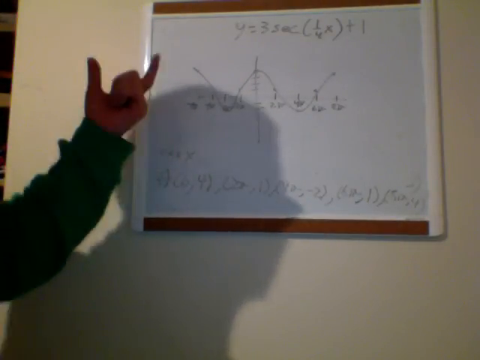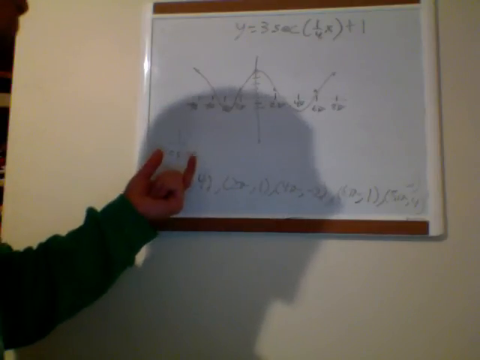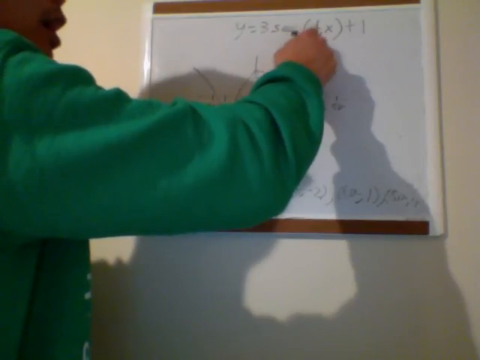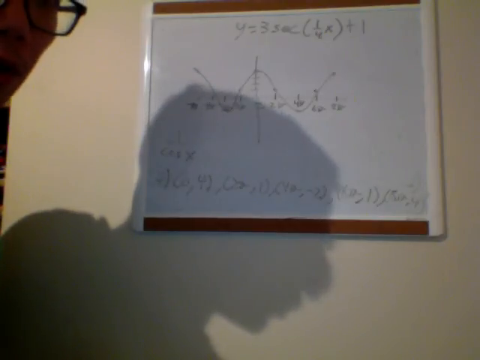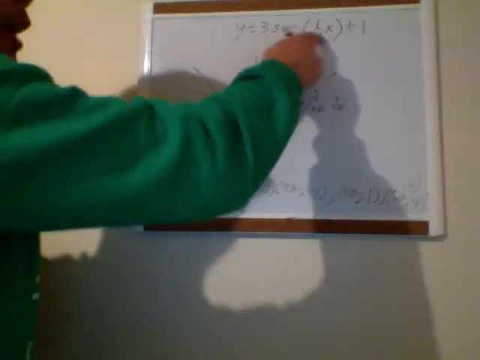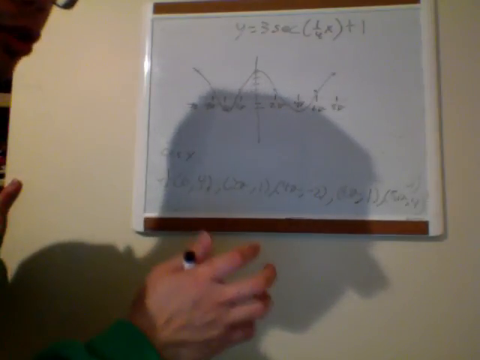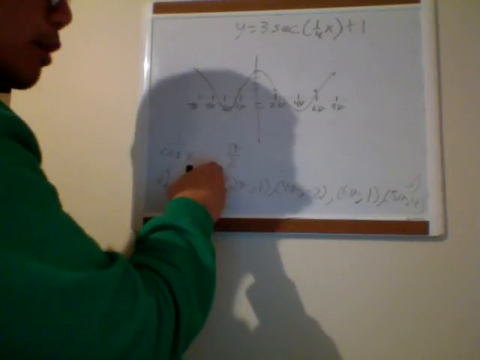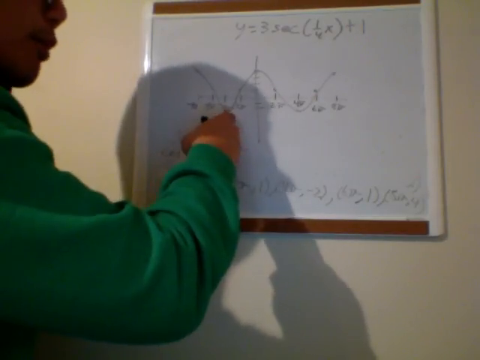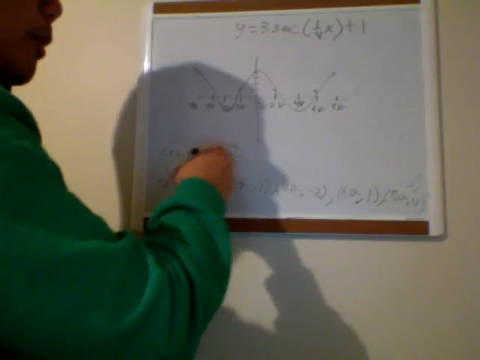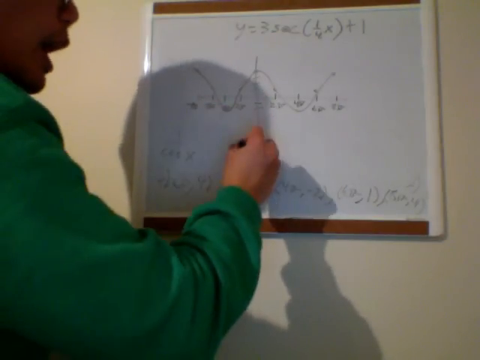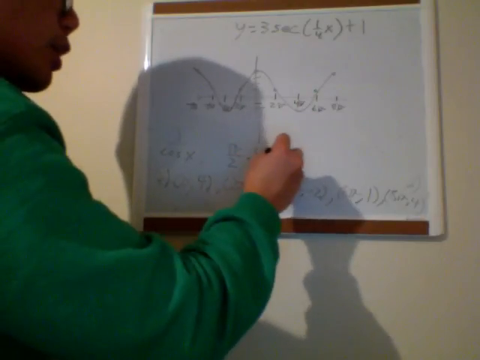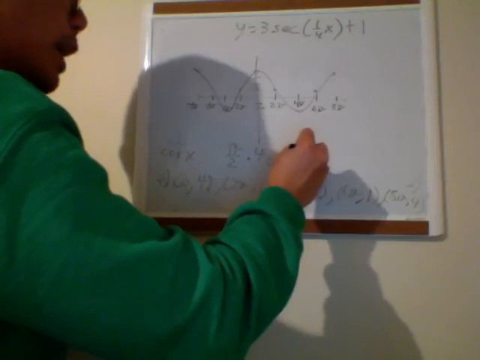Now, however, those are vertical asymptotes, but I'm going to stretch them out by 4, right? 1/4 x is a horizontal stretch by 4. So if I have a vertical asymptote at pi over 2 for my regular secant function, with a horizontal stretch of 4, this is going to be 2 pi.